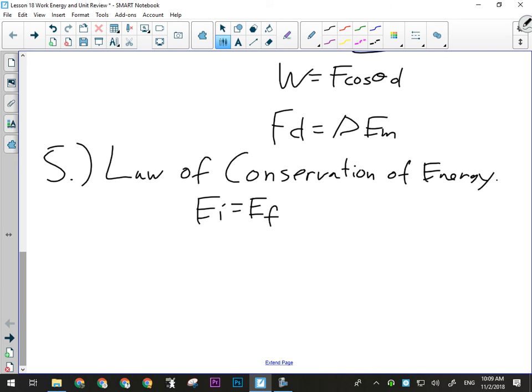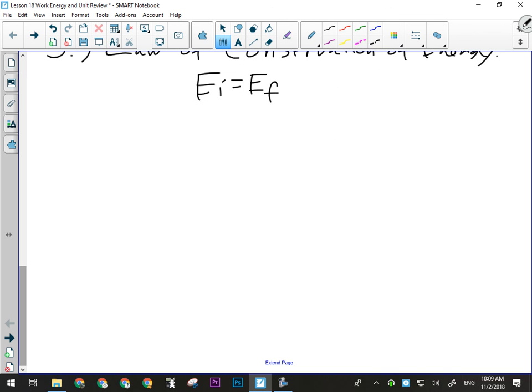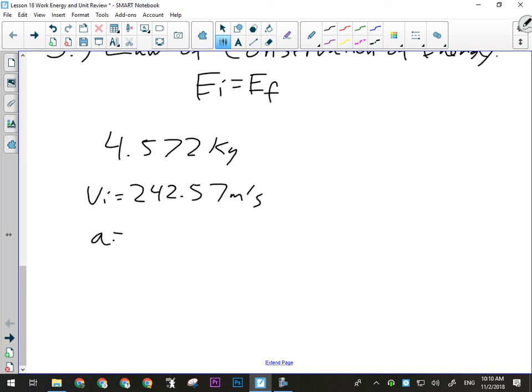Also, a thing to remember: constants from the formula sheet do not count towards significant figures. So if I've got a question where they give me a mass of 4.572 kilograms, and then they give me v_i as 242.57 meters per second, and I have to use gravity, well, gravity on your sheet looks like that.